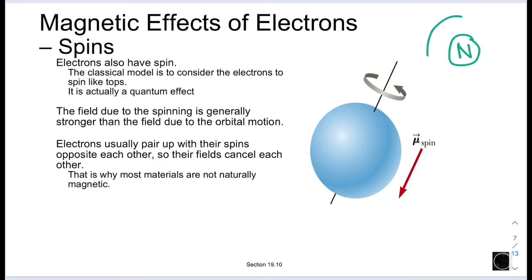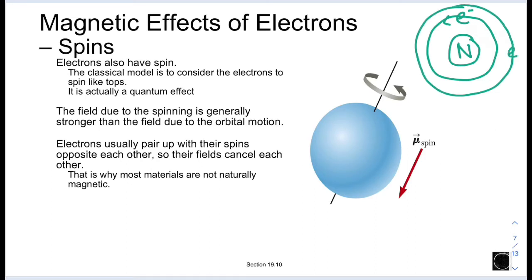Then we have an electron orbiting the nucleus, and then we have a second electron orbiting the nucleus. Instead of talking about how the electron orbits the nucleus, the electron itself, while orbiting the nucleus, is also spinning. So it has spin.